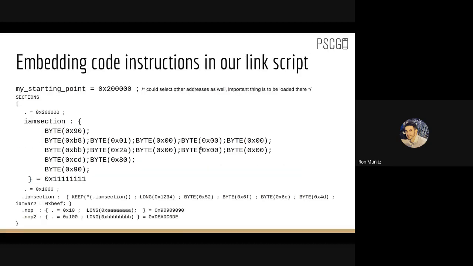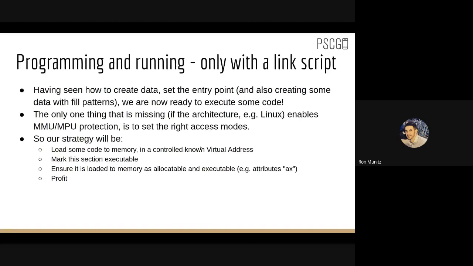Okay. So the idea is like this. If I want to program and run only with the linker script, then I need to know how to create data, and this we already know. If I manage to write Ron M inside of a memory section with just a linker script, I can write the bytes that will make code for it.